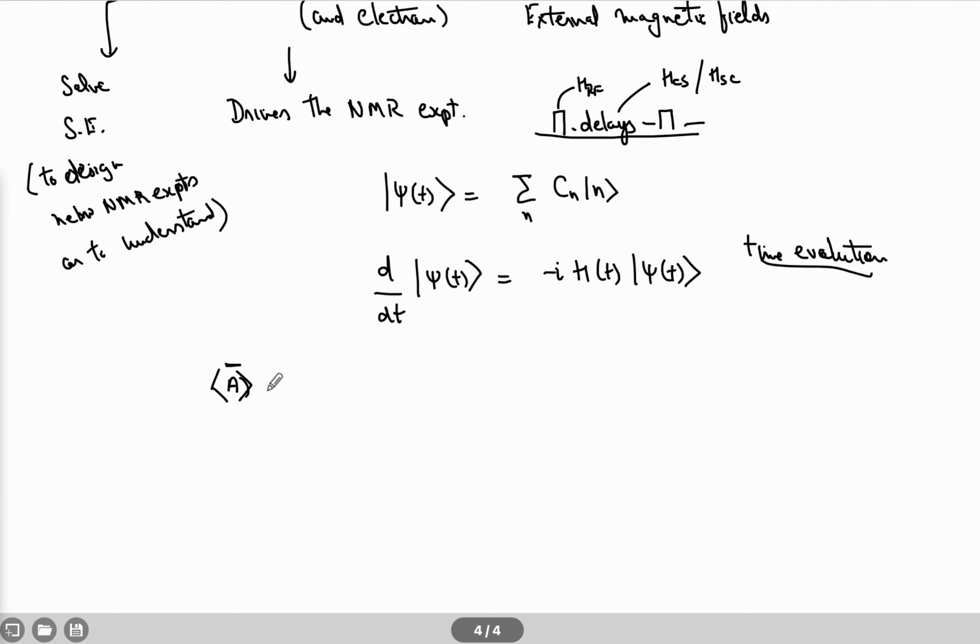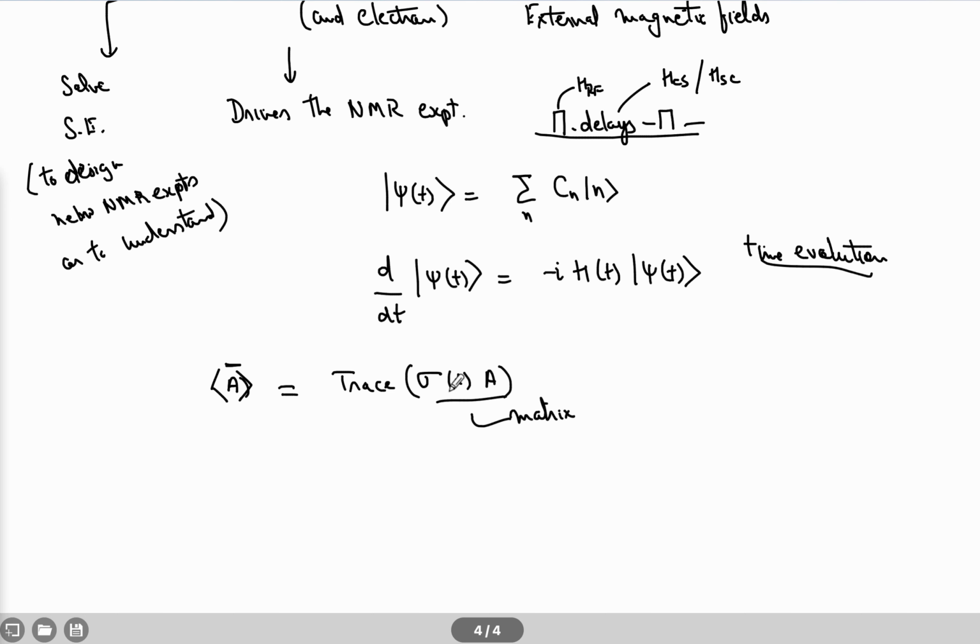Okay, we have also learned that the expectation value, and the ensemble average of that, which is represented by a bar over here, is given by the trace of the density matrix at any point in time times A, where A is the operator. So this is a matrix over here. If you take the trace of that matrix, you get the expectation value for the ensemble average, right?